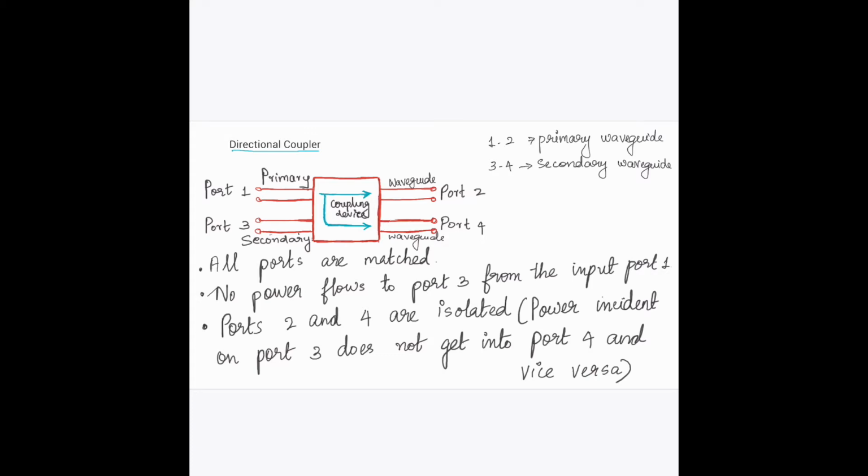Therefore, ports 1 and 3 are not coupled to each other, and similarly ports 2 and 4 are not coupled. So no power flows to port 3 when input power is fed to port 1, and no power flows to port 4 when input power is fed to port 2.